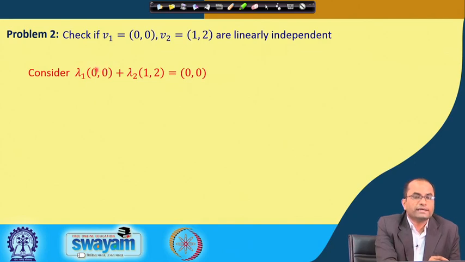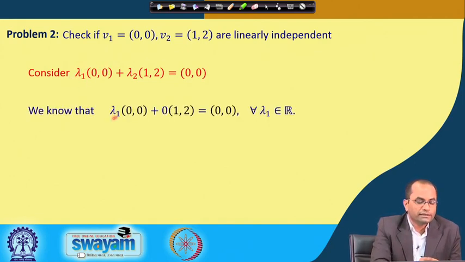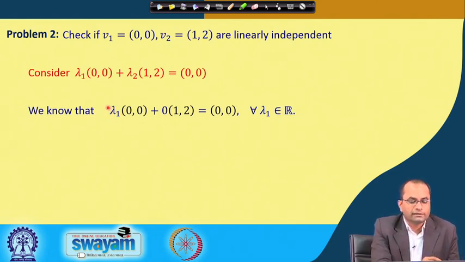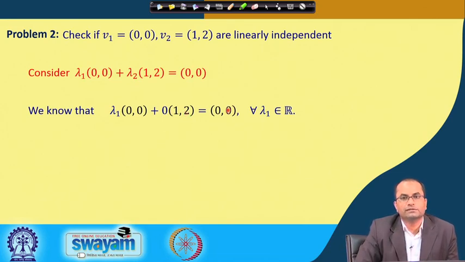Since the 0 vector is there, I can take any lambda 1, it does not matter, and give the value 0 to lambda 2, and the equation will be satisfied, because with this 0 we have the 0 vector here, and I can choose any lambda, still this will be a 0 vector, and 0 plus 0 vector will give us the 0 vector.